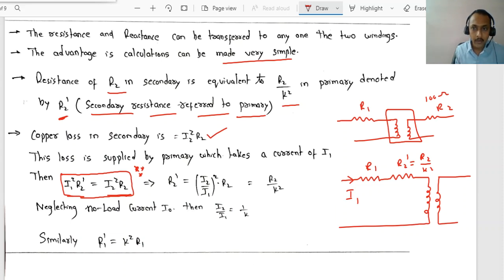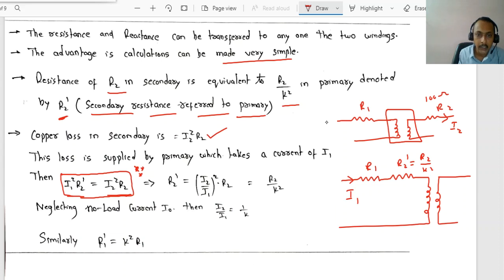Now, I1 square R2 dash must be equal to, before transferring, what is the loss in the secondary side? Secondary side current is I2. Secondary side resistor value is R2. So, I2 square R2. So this is the loss before transferring and this is the loss after transferring towards the primary. If these two are equal, then the equivalent circuit transformation is completed.